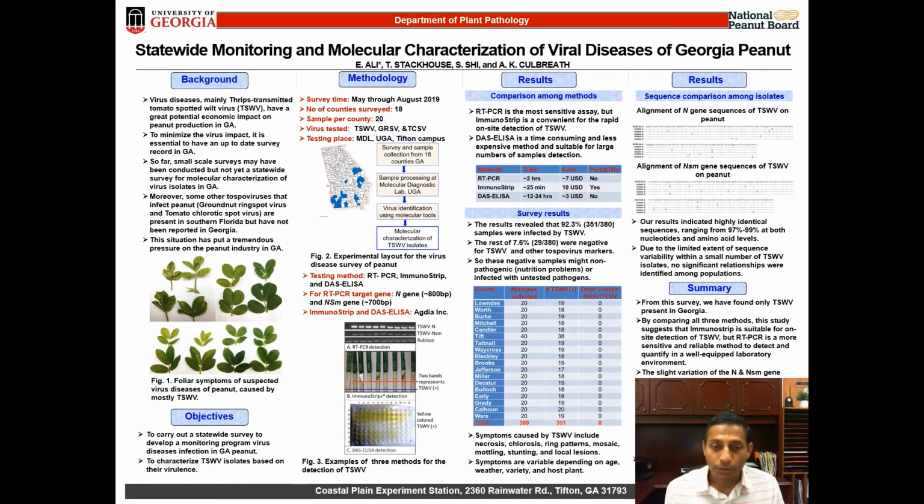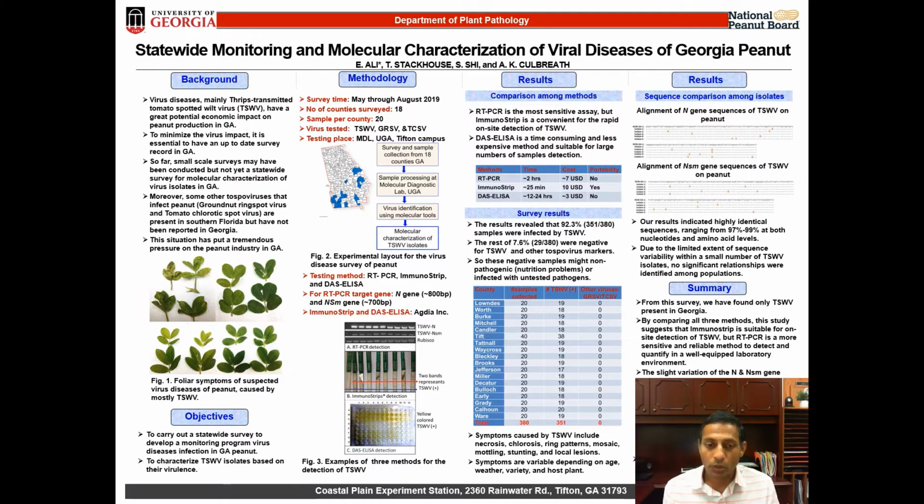Now I turn to our survey results. Based on our survey, we found that 92.3% of our samples are infected with tomato spotted wilt virus. The remaining 7.6% of samples turned out negative for TSWV.